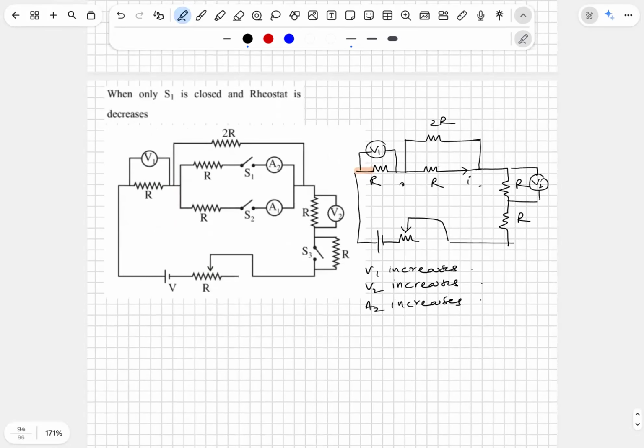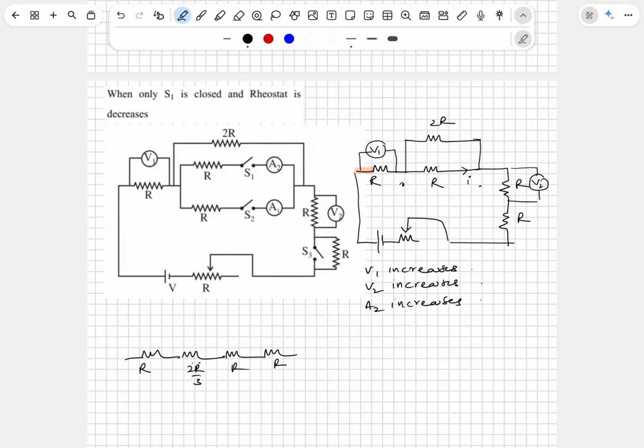No issues. See, finally this is R, 2R and 3R by 2. Total resistance is 2R by 3, right? And you have the voltmeter reading. So what is the ratio? R is to 1 is to 2 by 3 is to 1 is to 1.